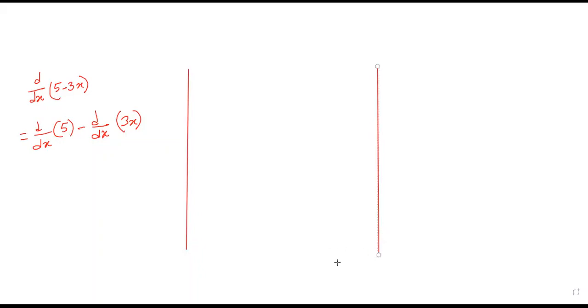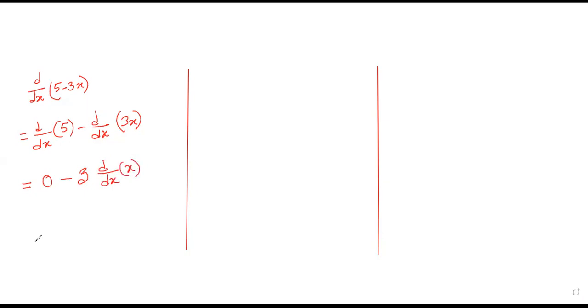I hope you all are understanding it. Differentiation is very easy, but we have to be careful. If you skip any step, you can get the wrong result. So we will bring the numerical value here, then d by dx of x.